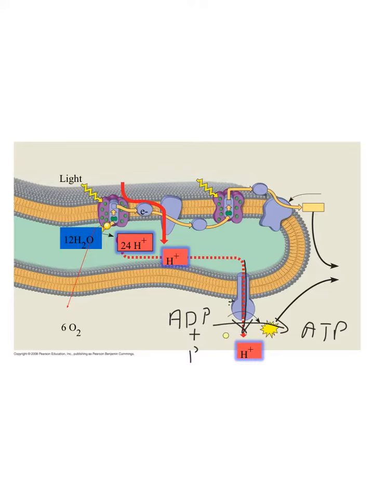Mega cool. The only problem is this is going to function only as long as this flow continues. But eventually we're going to have an equilibrium develop between the number of hydrogen ions on the inside of the thylakoid and the outside. And if you're not going from high concentration to low concentration anymore, the flow just kind of stops.